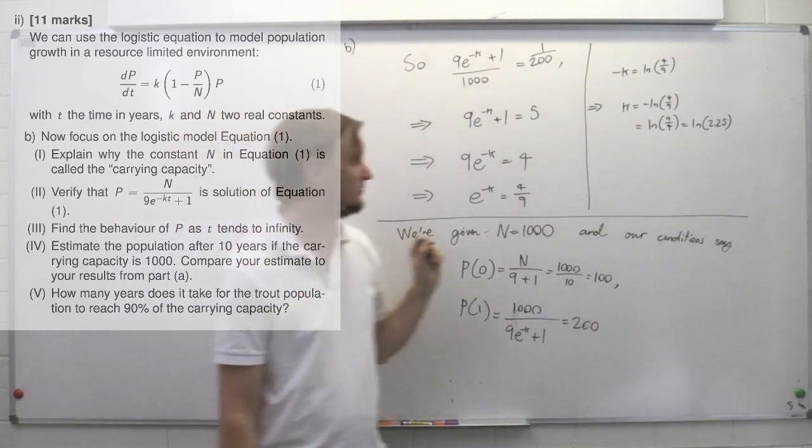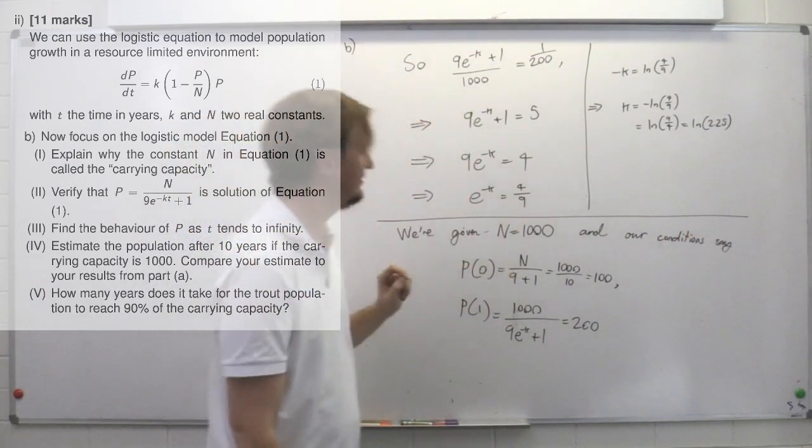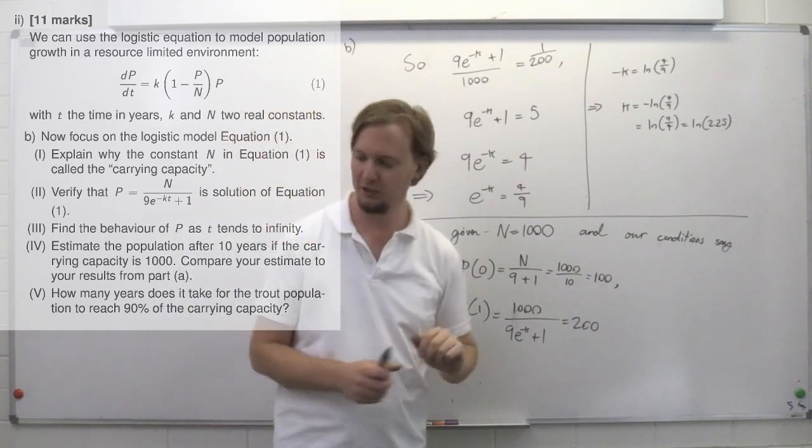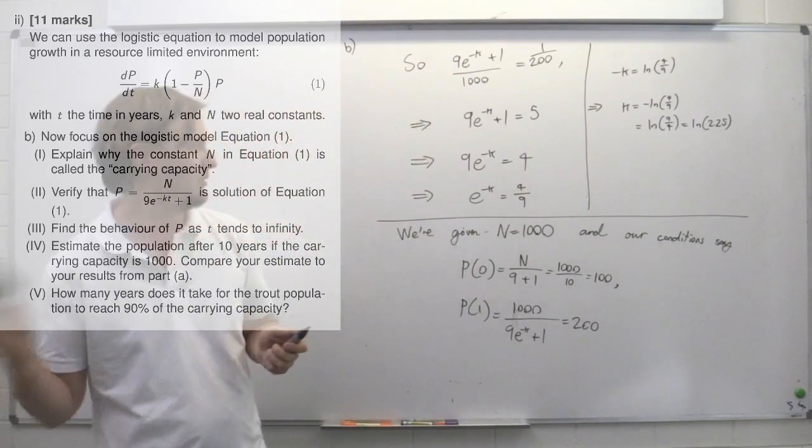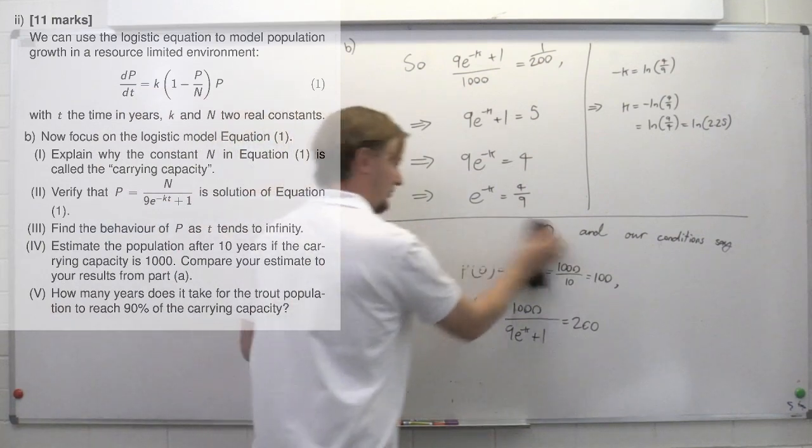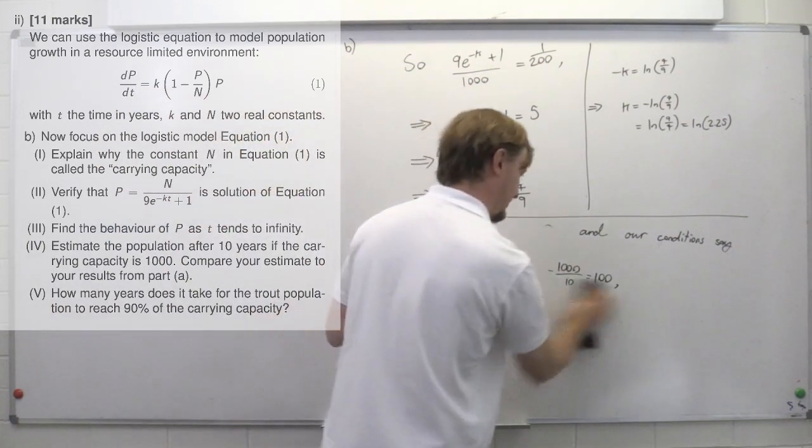So we need to use this information to make a prediction at t equals 10. We want to see what our model's doing after 10 years of running. So we now have the parameters we need, we just need to plug it in.